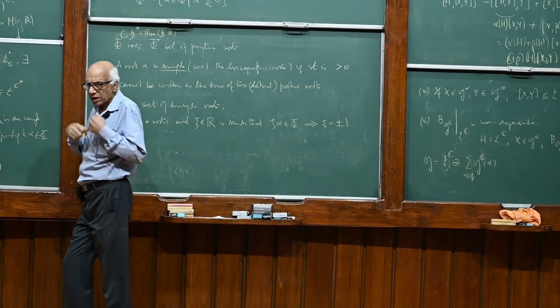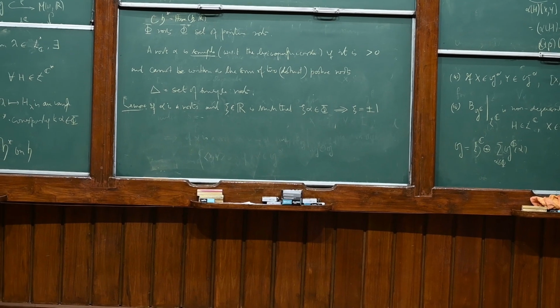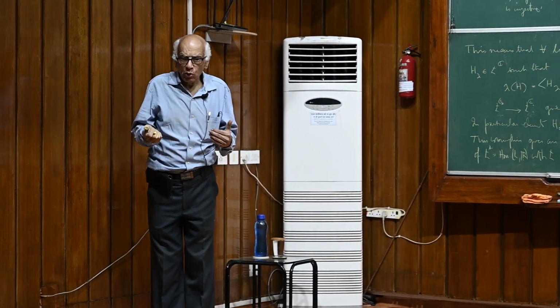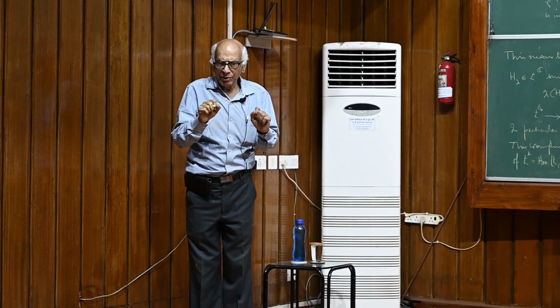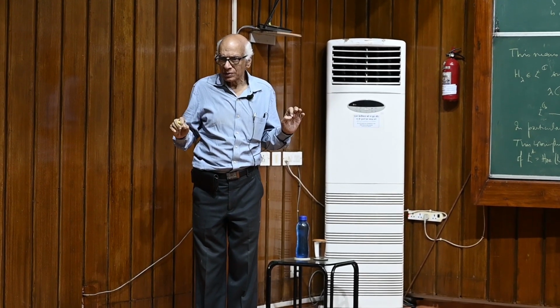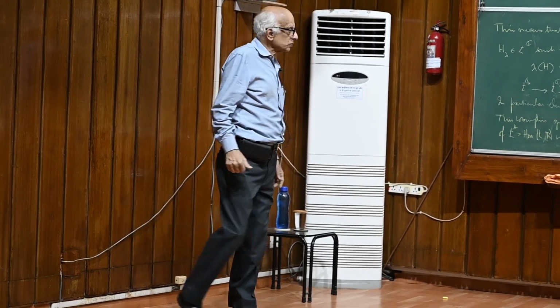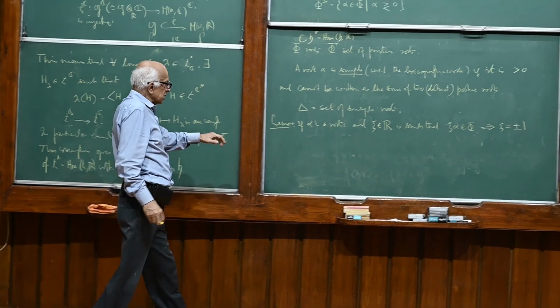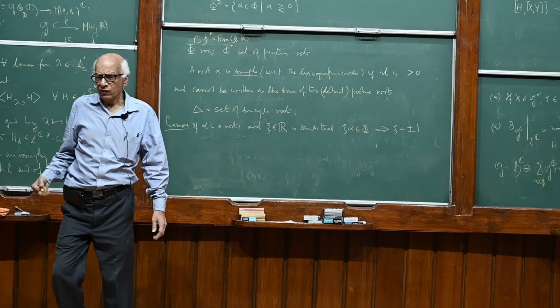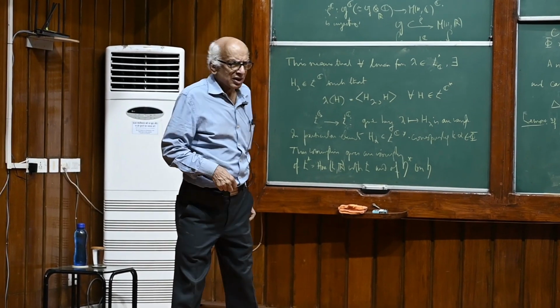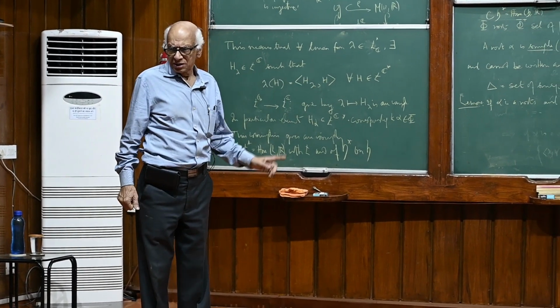The only multiples of a root that can be a root are the real numbers plus or minus 1. I'll come back to this proof. I forgot to look up the proof, I can't recall just now. But this is a fact.